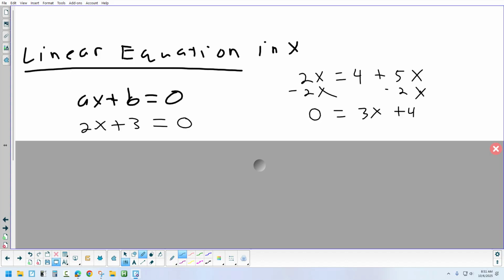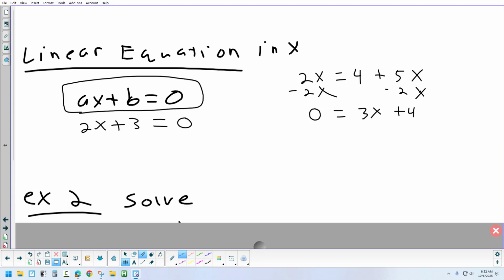Okay. So anything that can be rearranged to look like this is what we call linear. I'm not saying that's how I'd want to solve for x. I'd want to put the 3 on the other side and then divide by 2 to solve for x. But it's kind of like y equals mx plus b. Okay. Anything that looks like that is linear.